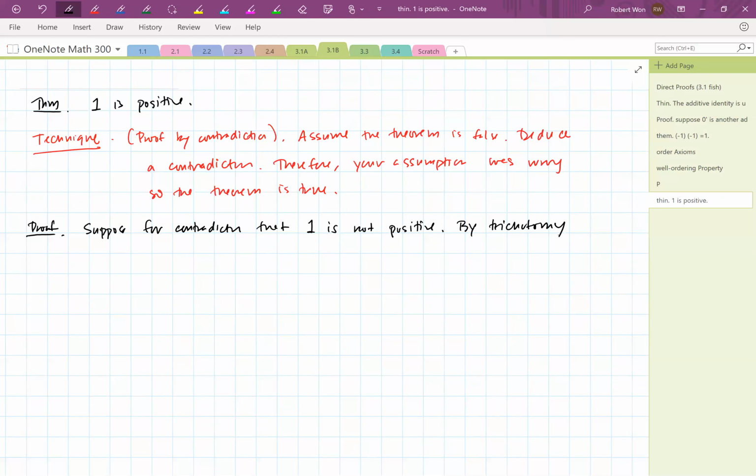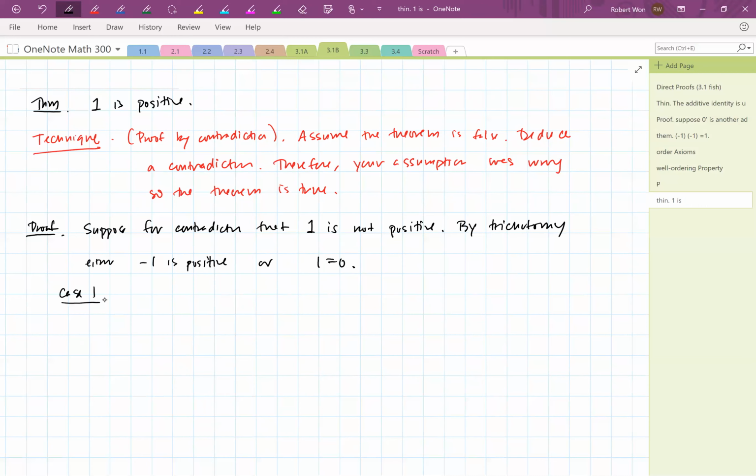So 1 is not positive, which means that either negative 1 is positive, or, sorry, 1 equals 0, right? Either 1 is positive, or negative 1 is positive, or 1 equals 0.